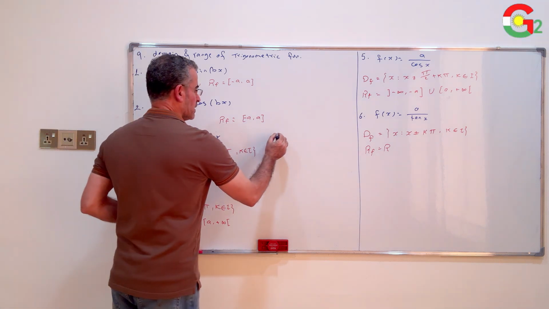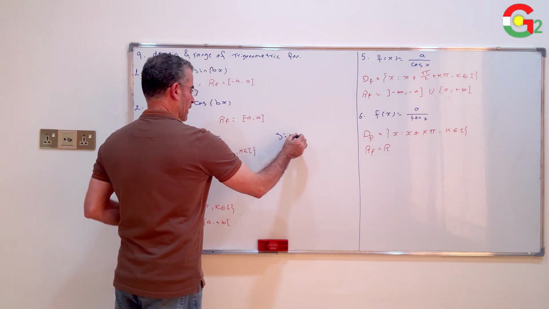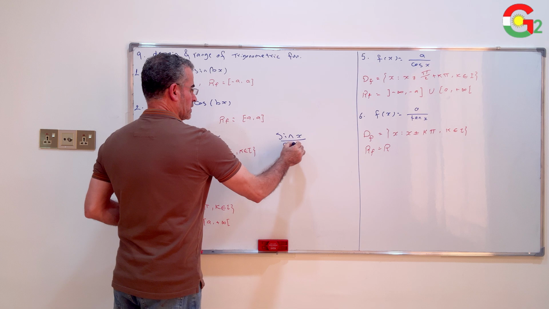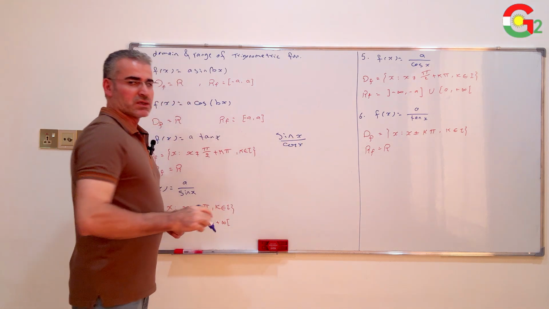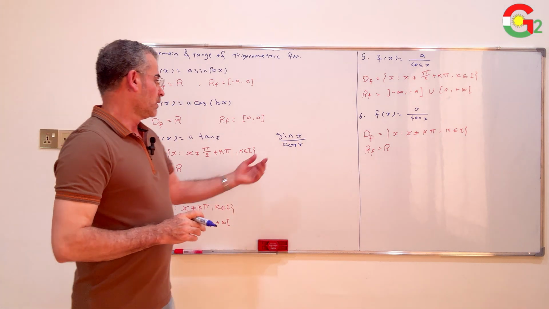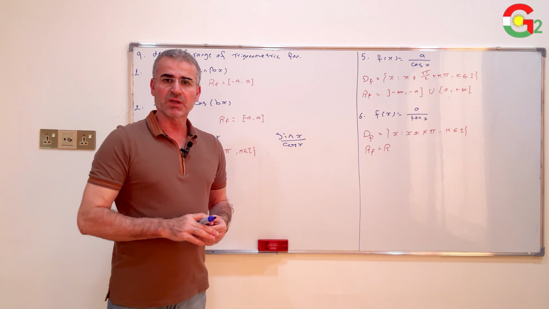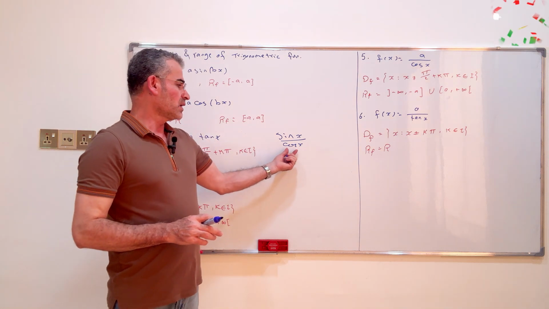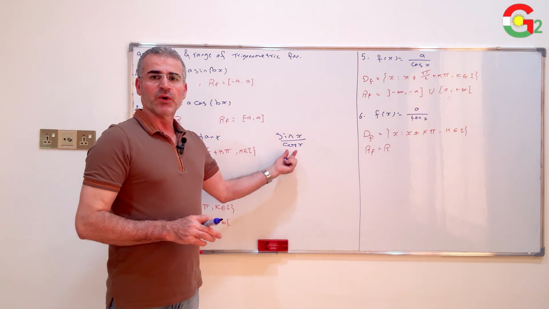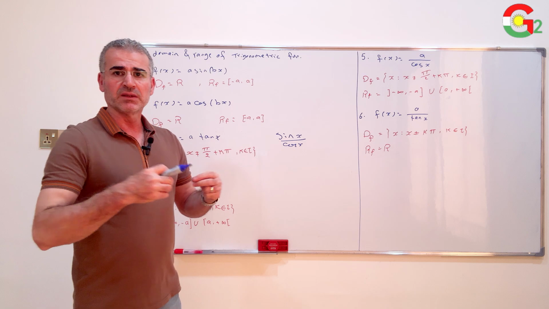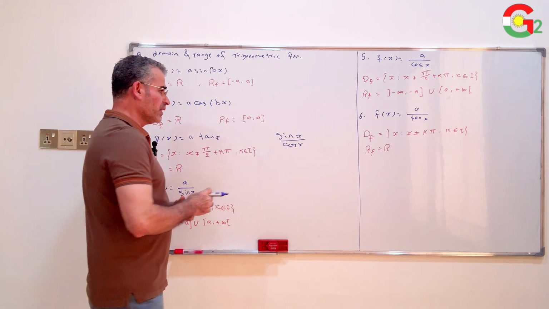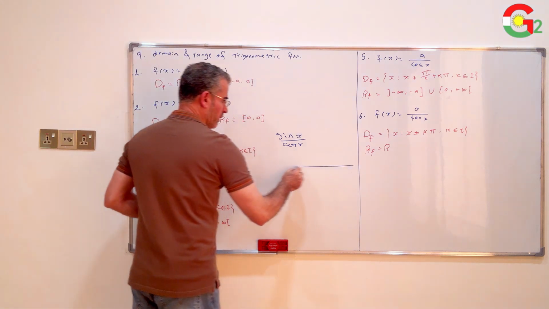Since tan is sine x over cosine x, and the cosine is in the denominator, it should not be 0. I'll seek the points that make cosine 0 and remove them from the domain.